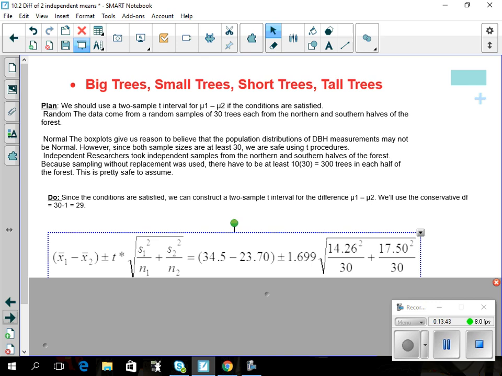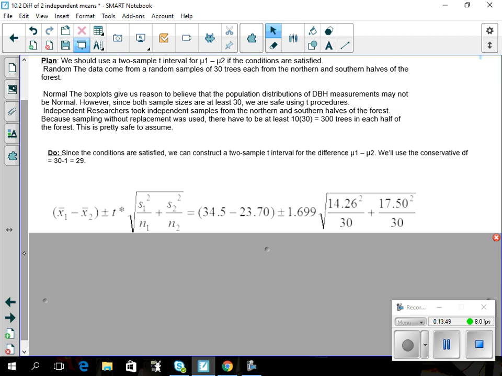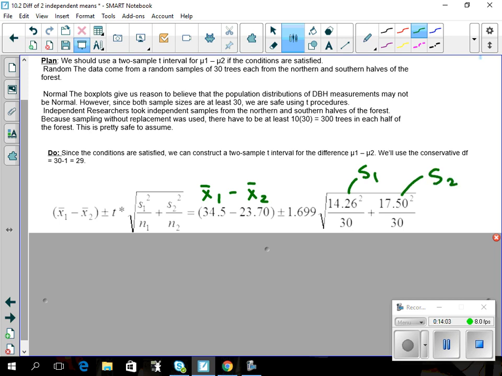Also, where did those numbers come from? Do you agree? Okay. Where did 1.699 come from? So are we okay with this is x bar 1, and this is x bar 2, and right here is sample standard deviation 1 and sample standard deviation 2, right? And then our sample sizes were both 30.